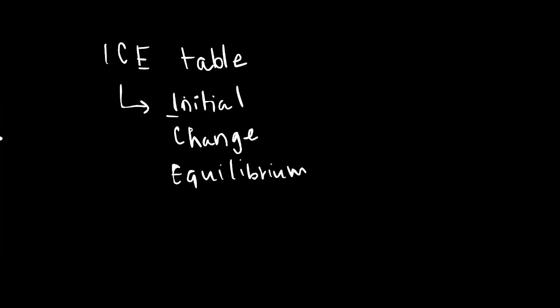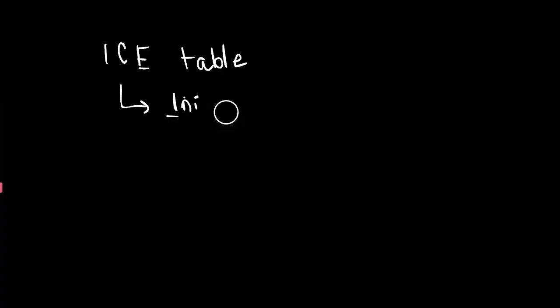So here we get ICE, or ice. So an ice table is going to be looking at the initial concentrations, their changes, and the concentrations at equilibrium. So it's just a neat way that we can organize these things together and makes it easy to solve problems where we need to find equilibrium concentrations.